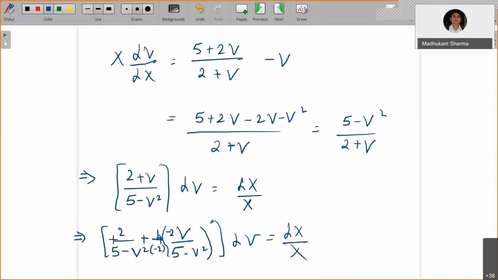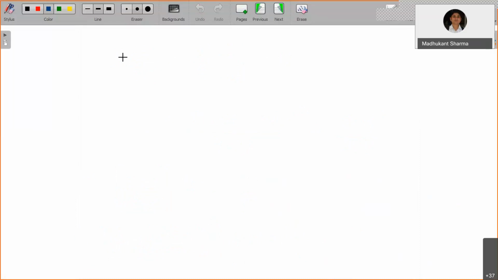And what about this 1 by a square minus x square, it is ln of a plus x over a minus x, and that you can verify. Okay, so only required is now 1 upon 5 minus v square, so you have 1 upon root 5 minus v and 1 upon root 5 plus v, and because you are going to add them up, root 5 plus v plus root 5 minus v will get cancelled.